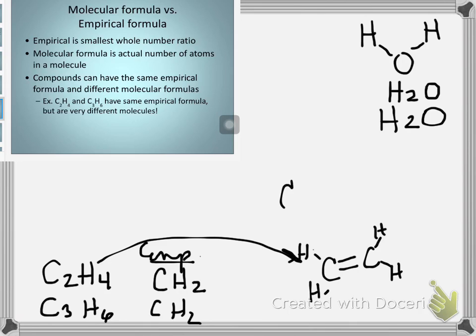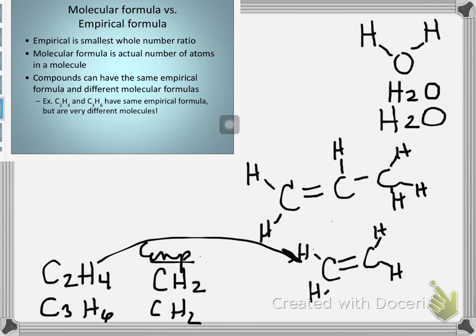Where C3H6, one of these would have to be single bonded. C3H6. 1, 2, 3, 4, 5, 6. That's one potential structure.